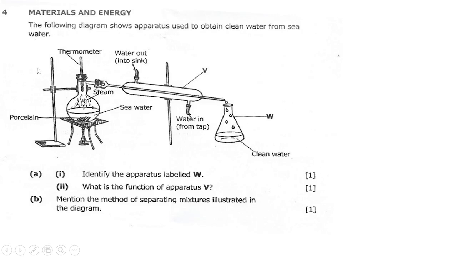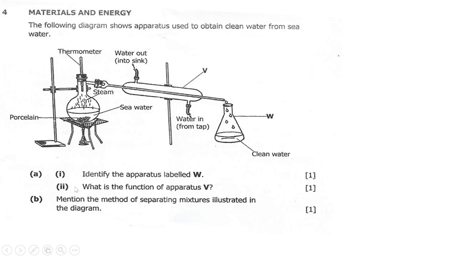We can see a round bottomed flask with steam, inside we have seawater and porcelain, then a thermometer. We have water out into sink, water in from tap, then apparatus V, then apparatus W and clean water coming out from there.